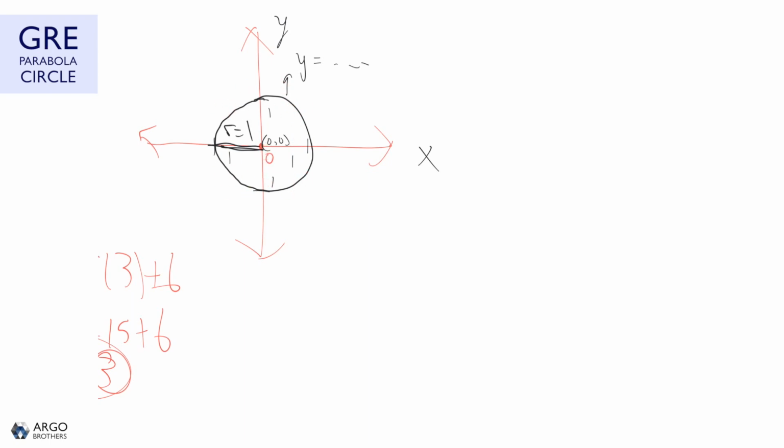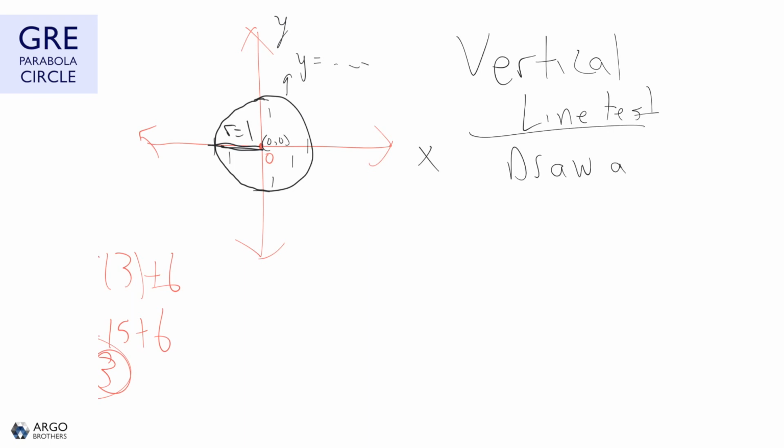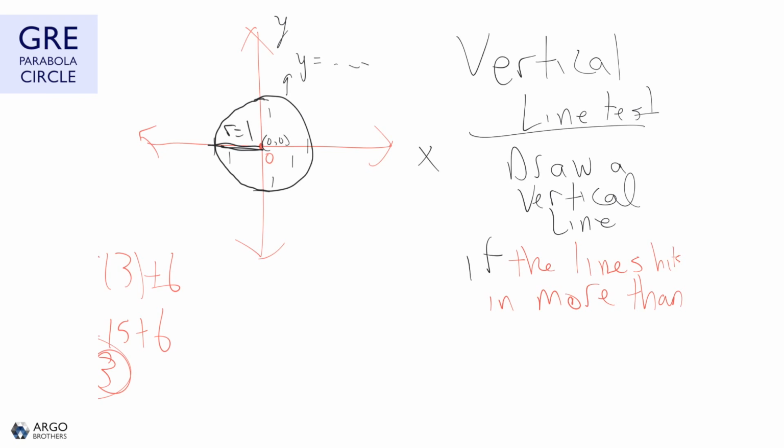And a way you can test if something is not a function is by giving it the vertical line test. All the vertical line test does is test if a shape or graph is a function, and all you need to do is draw a vertical line through many points on the graph, and if the line hits in more than one point, it is not a function.